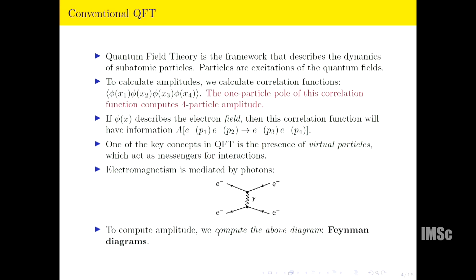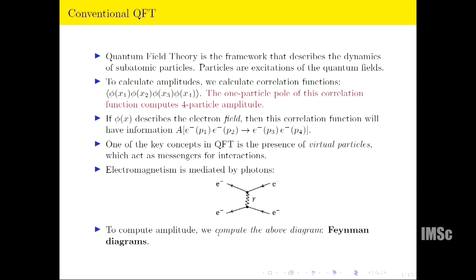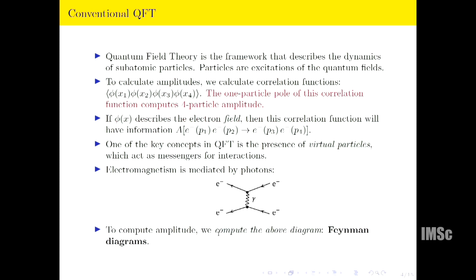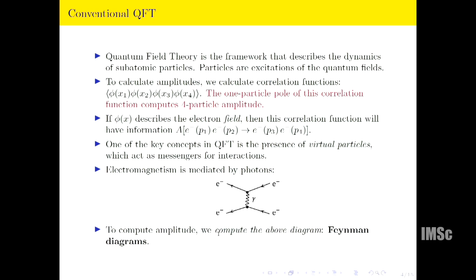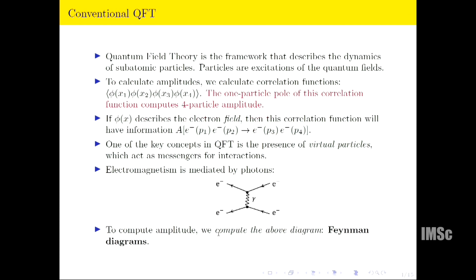For instance, this phi field can be said to describe the electron field, and if that is the case, then we find such 4-point correlation functions, and the one-particle pole of this correlation function will compute the 4-particle amplitude for us, okay? For instance here, if we take appropriate poles and residues of this guy, we'll get the 4-particle amplitude here.